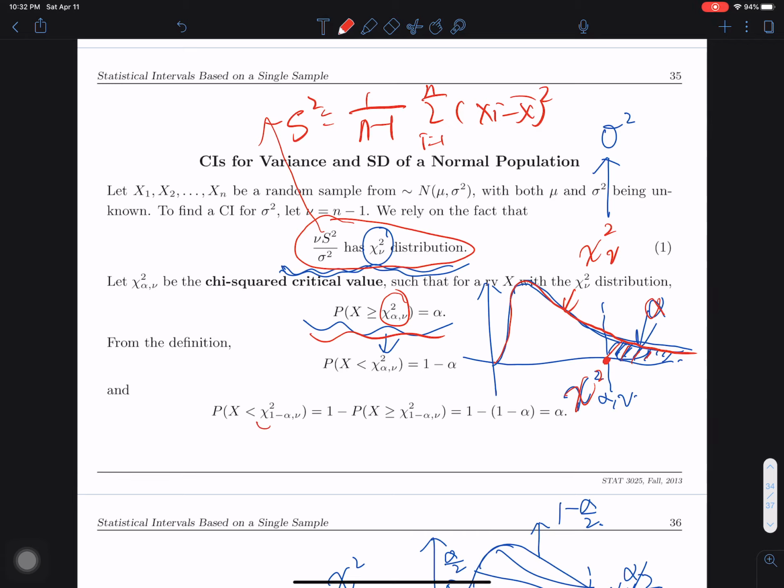And what is this quantity? This quantity is such that the area to the right is 1 minus alpha. That is to say, the area to the left of this quantity is alpha.